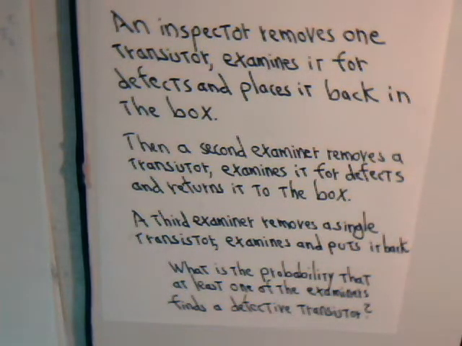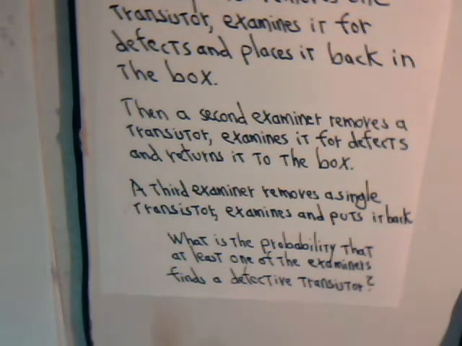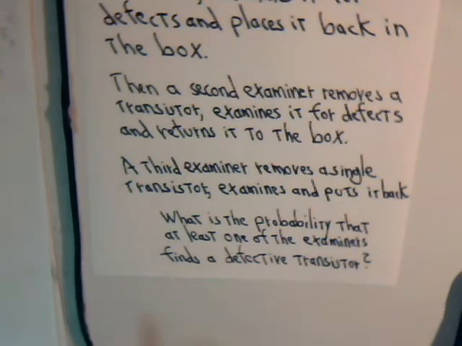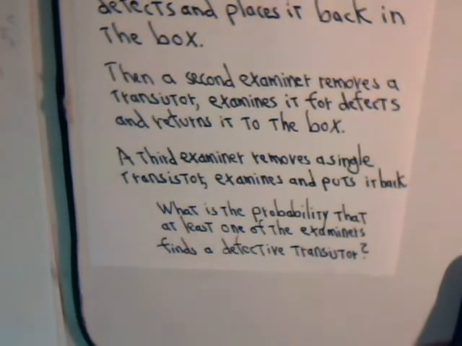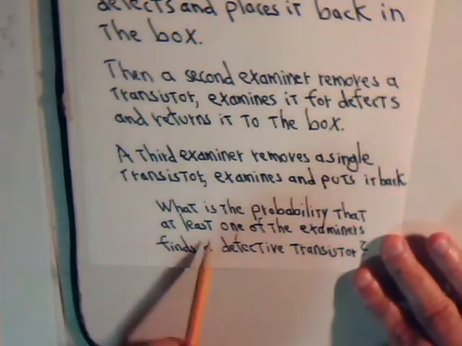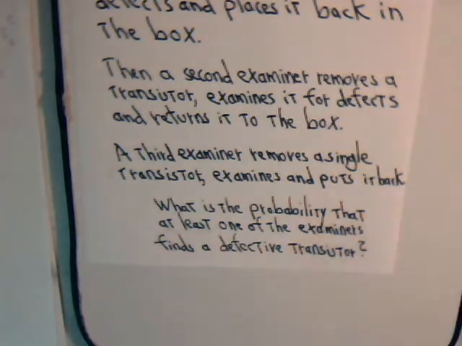When the second examiner comes along, he examines one transistor for a defect, and whether it's defective or not, he returns it to the box. And a third examiner does the same thing, removes a single transistor, examines it for defects, and places it back inside the box again. So the question is, what is the probability that at least, and the key phrase here is at least, one of the examiners finds a defective transistor?